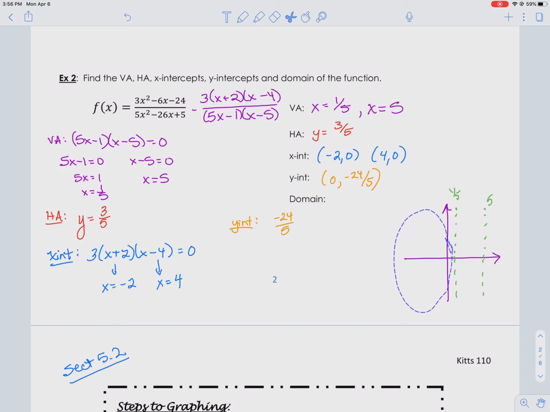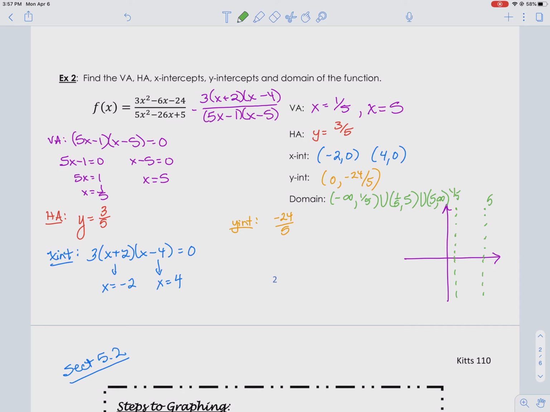So the domain is going to go from negative infinity to 1/5. Then in the middle, it'll go from 1/5 to 5. And then, of course, the last one will be 5 to infinity. And again, I usually put unions in between there.